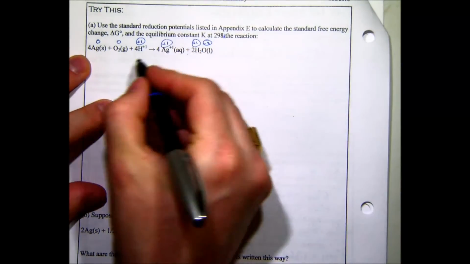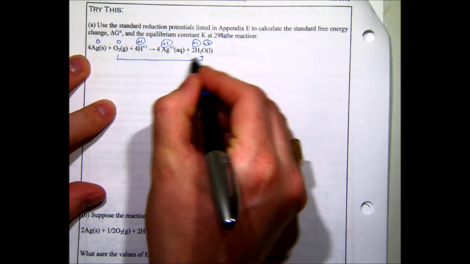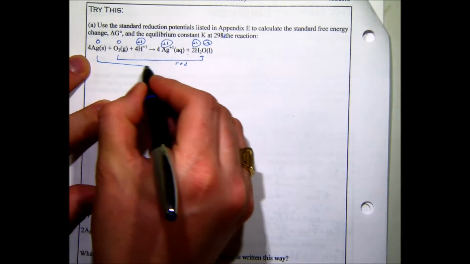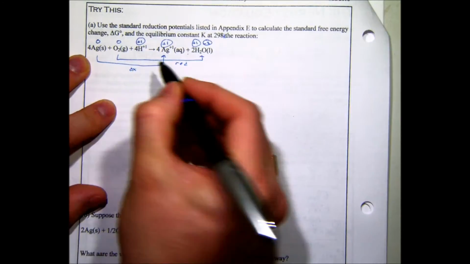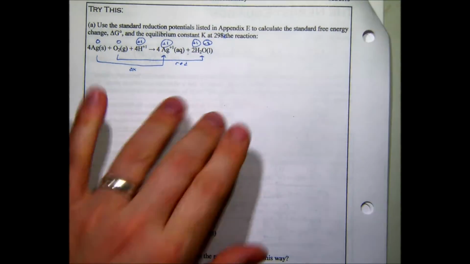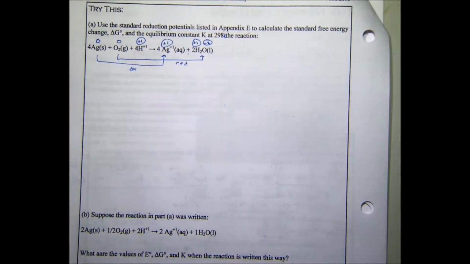So we look at this, we see oxygen being reduced, and we see silver being oxidized. So noticing that hydrogen stayed the same in this particular process.